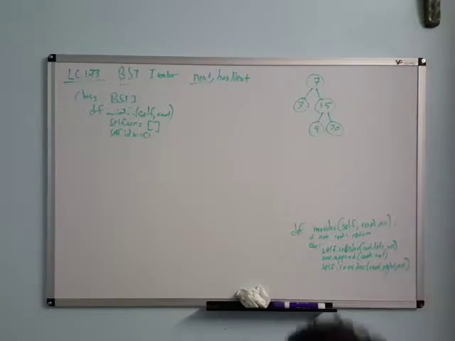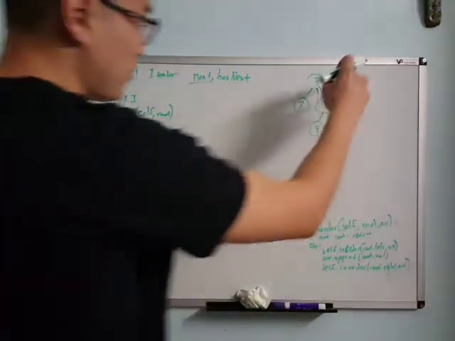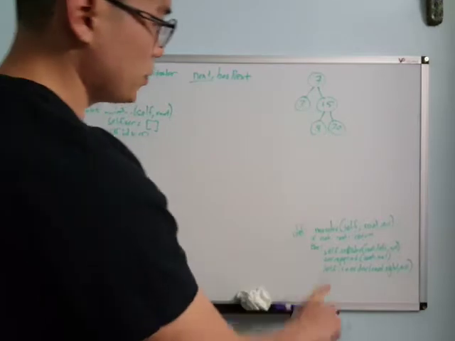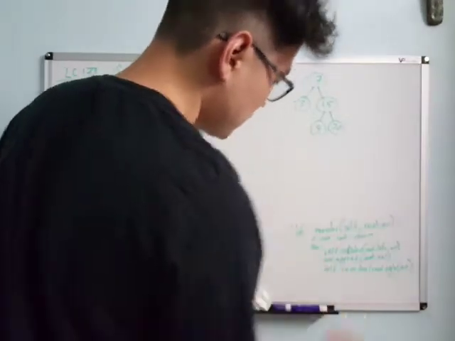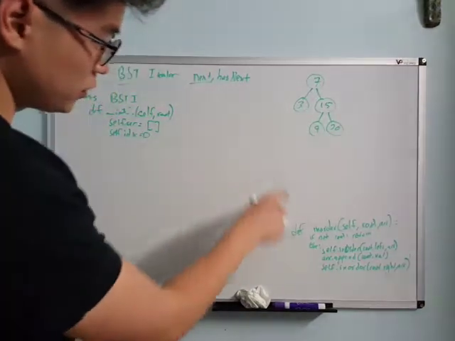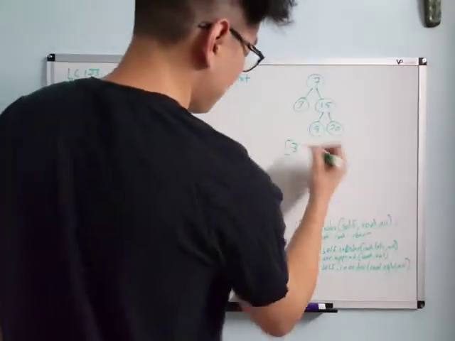So that would go, like in this case, we would start at 7. It's our root node. Then go to the left, and then we'll be at 3. If not root, no. And then we'll add into our array, 3.